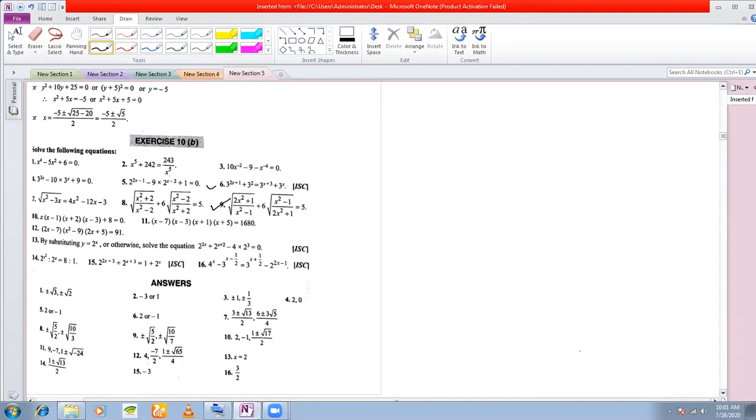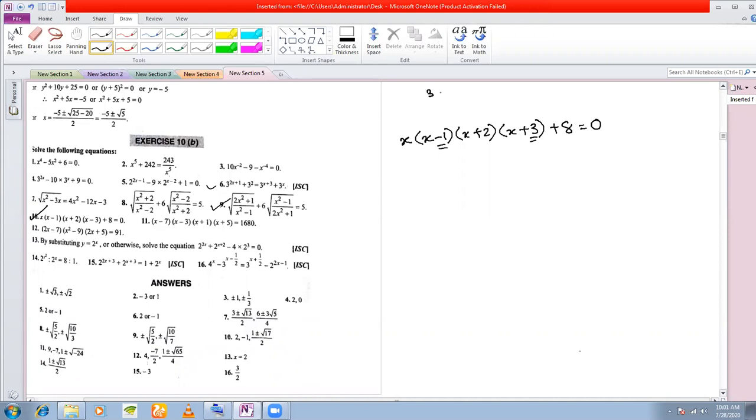Let us see this equation number 10. This is another type of equation that you get: x into x minus 1 into x plus 2 into x plus 3 plus 8 is equal to 0. See, what you need to observe here is that you have a plus 3 here and you have a minus 1.